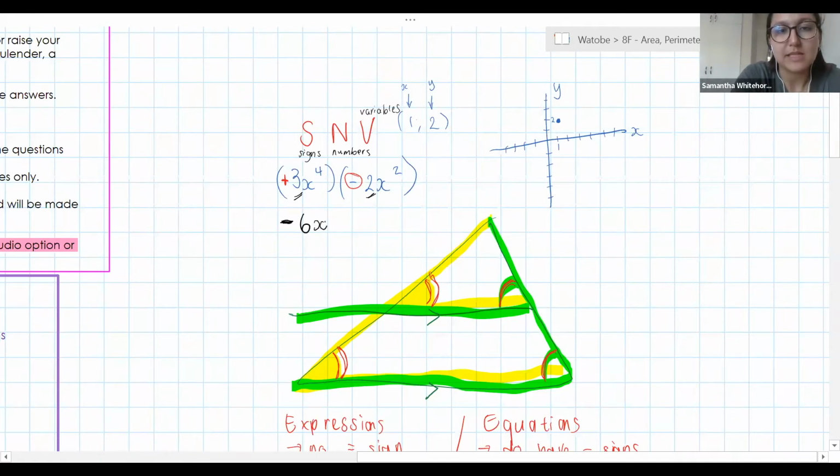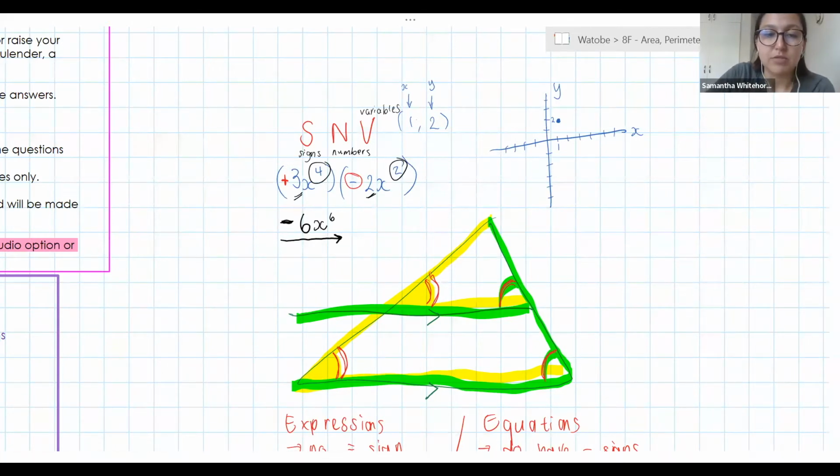So my base will stay exactly the same, but now I'm going to add those two exponents, so I get to the power of 6. So the product of that is negative 6x to the power of 6. So just remember signs, numbers, variables, and you can then multiply or even divide anything that you're working with, as long as you remember those 3 steps.